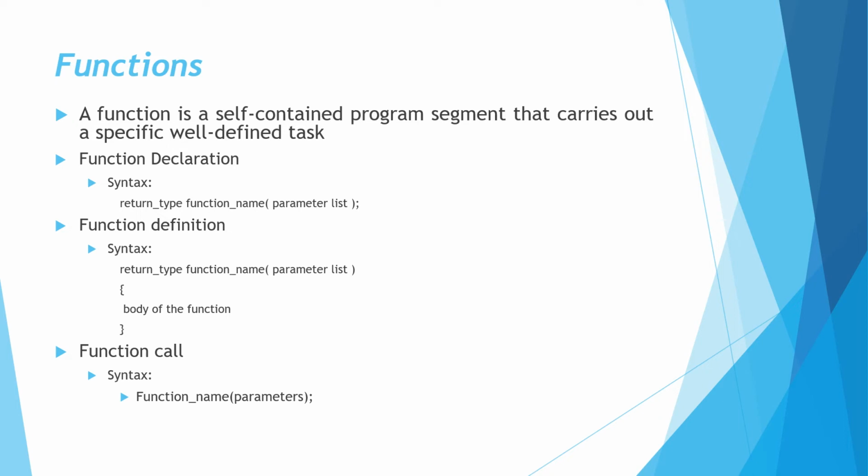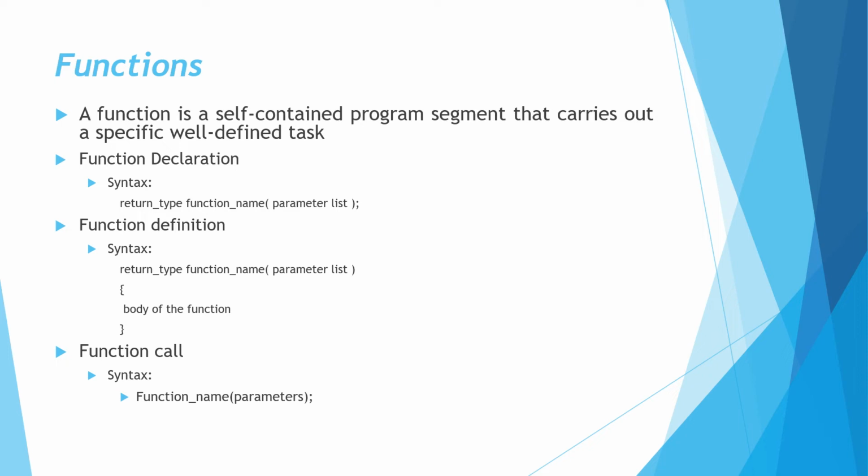Next is functions. Again, this is derived data types, and a function is a self-contained set of program statements that are used to carry out a specific well-defined task. For functions, three things are very important: function declaration, function definition and function call. The syntax of function declaration is return type, function name and list of parameters.